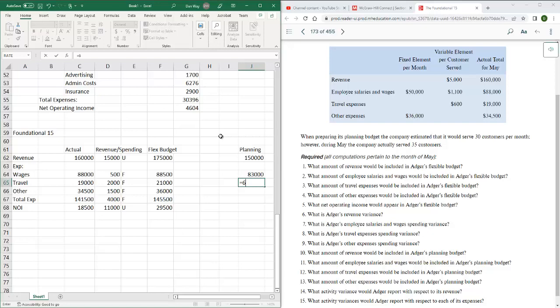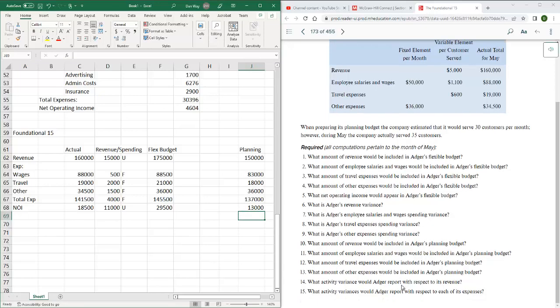Travel, similar deal, 600, it's variable entirely, times the 30 customers we expected to have. There's 18,000. Other was entirely fixed, 36,000. So that's how it would have appeared in the planning budget. And then again, I'm going to fill in the totals here just for the sake of completeness. They didn't ask us to do that. It would look odd if we didn't, I suppose.